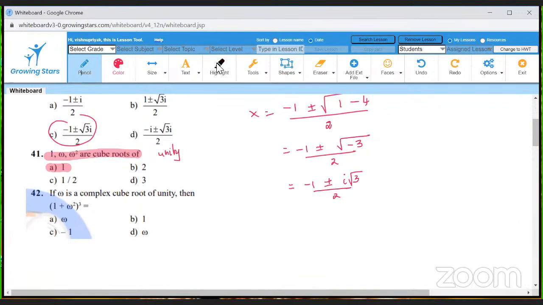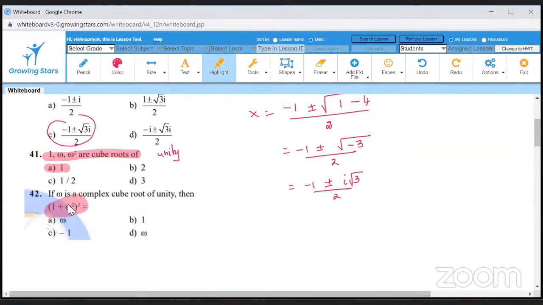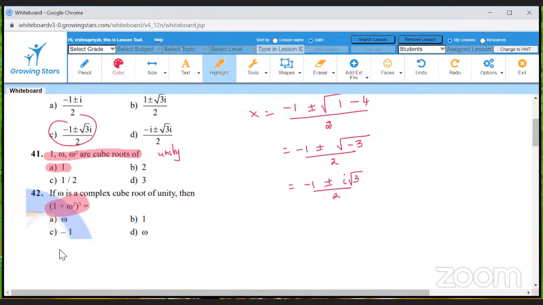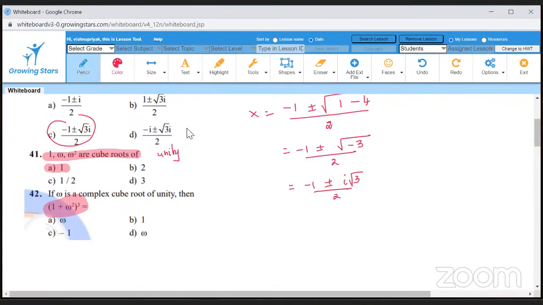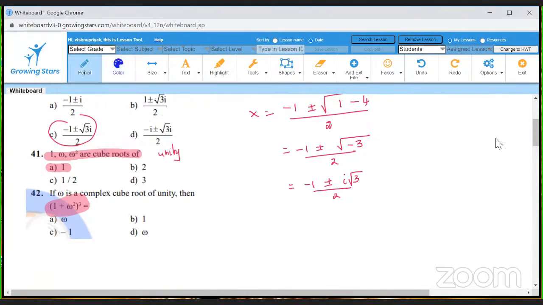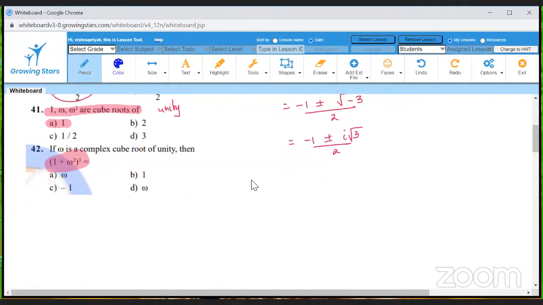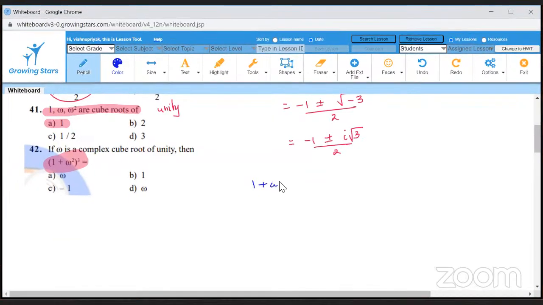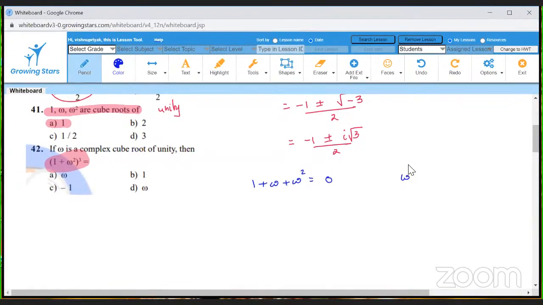And then in question number 42, they are asking what is (1 plus omega square) whole cube. Here also in the list of formulas, I gave you one thing, if you remember. What is that? 1 plus omega plus omega square is 0 and omega cube is 1.